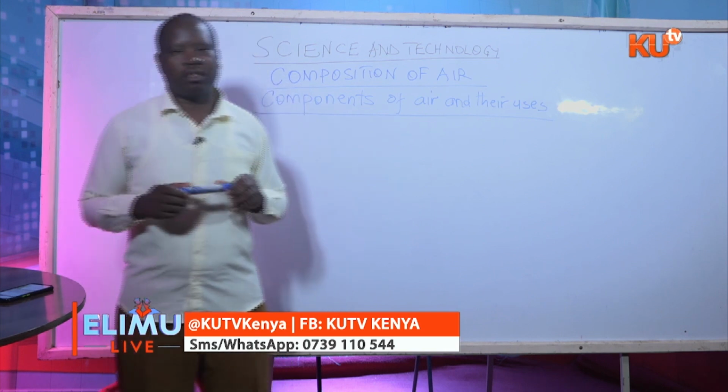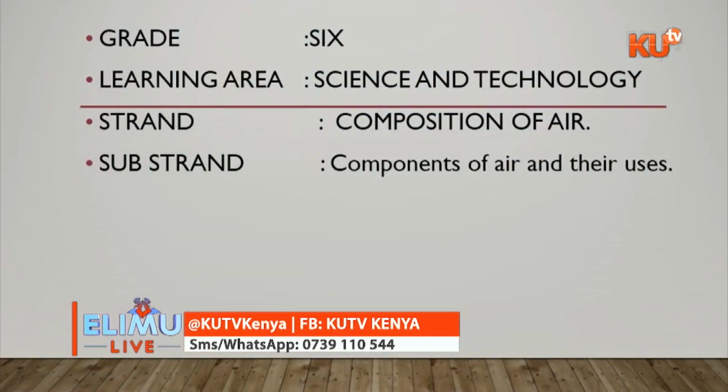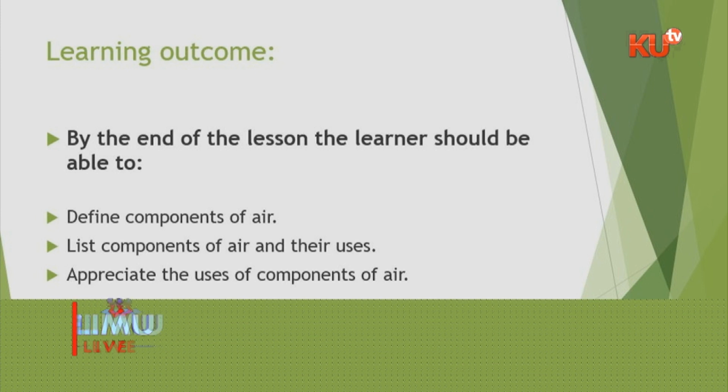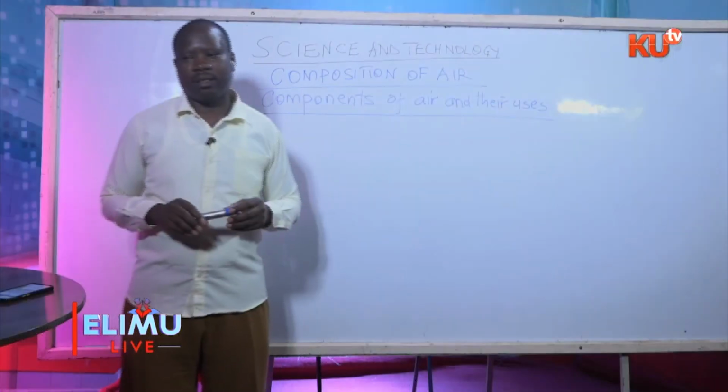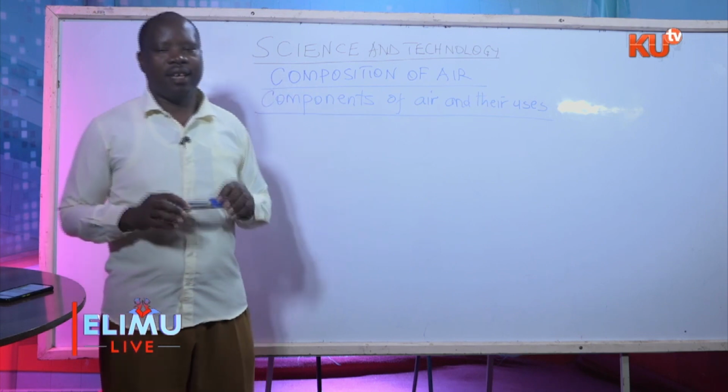The first expectation is that the learner should be able to define what composition or components means, so that we understand what components of air means. Number 2, we should be able to list all the components of air and their uses.